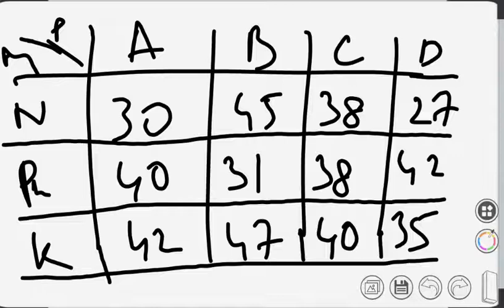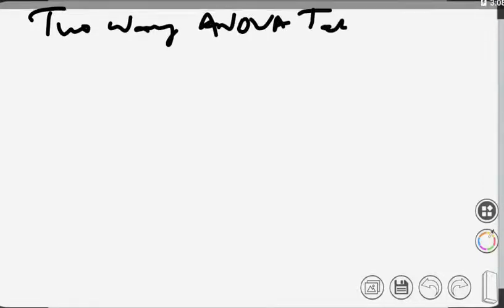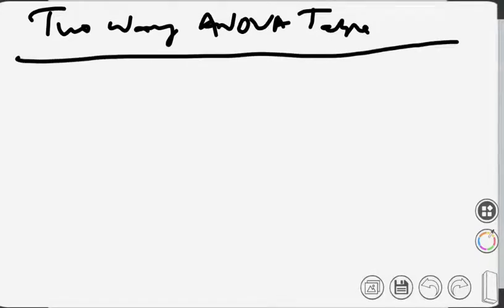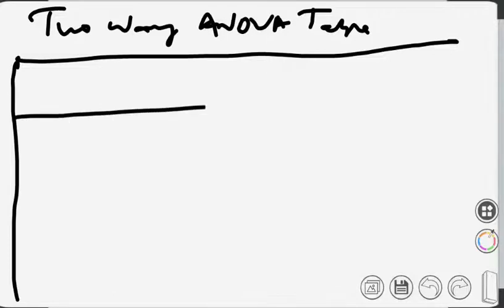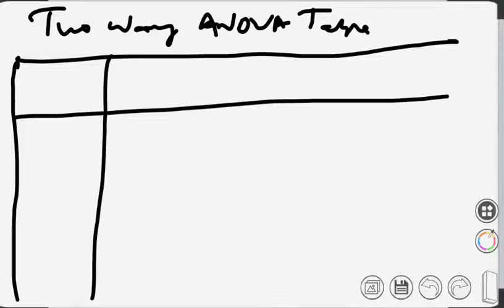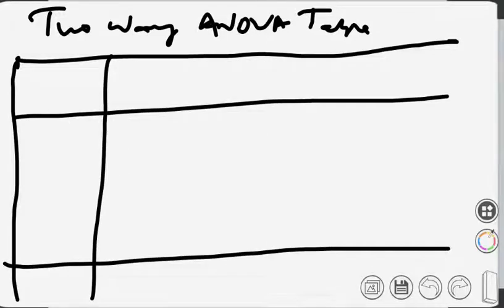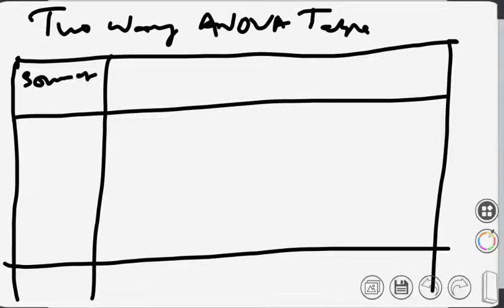So let's write down the two-way ANOVA table. What will be the elements of the two-way ANOVA table? Write down along with me the ANOVA table, similar to what we have done in the morning. At the beginning is the source of variation.